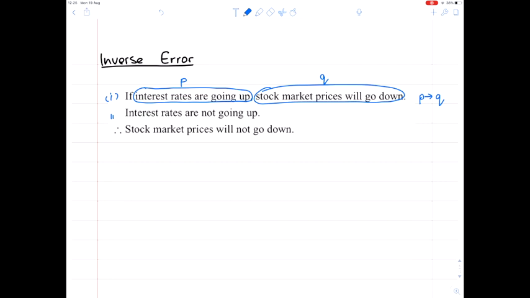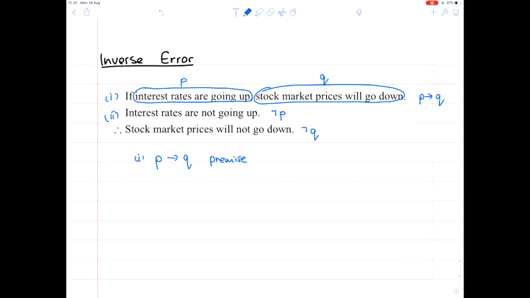Our second statement says interest rates are not going up. Okay, interest rates going up was P, so interest rates not going up is not P. And then our conclusion is not Q. So the argument here goes: P implies Q, which is our first premise.